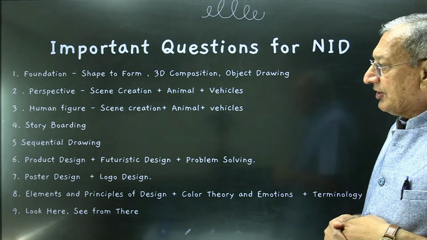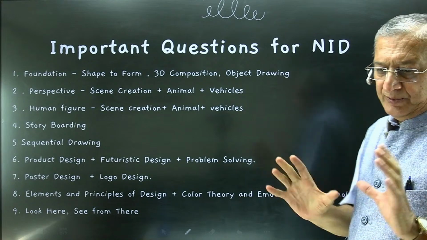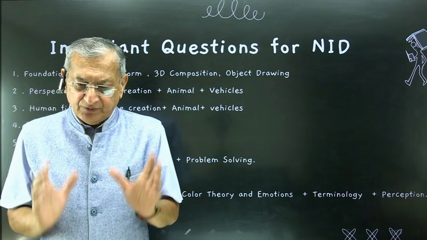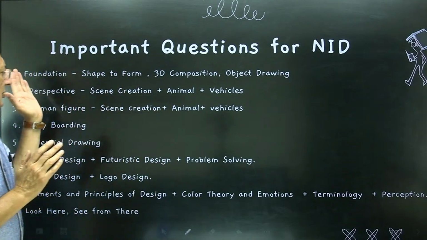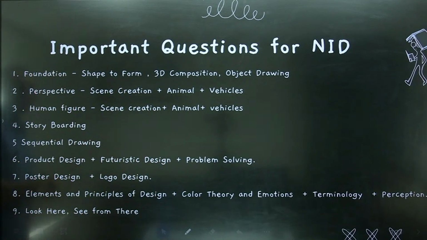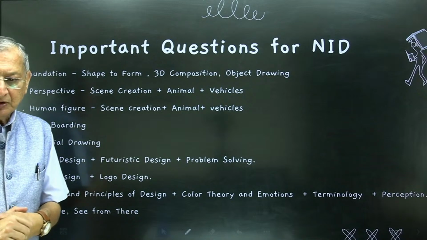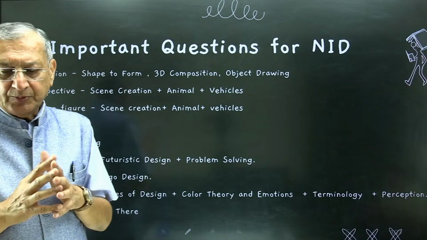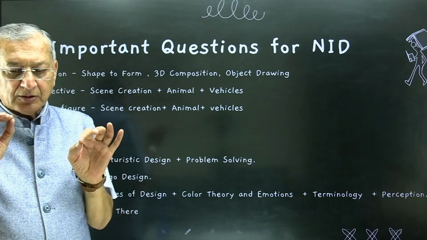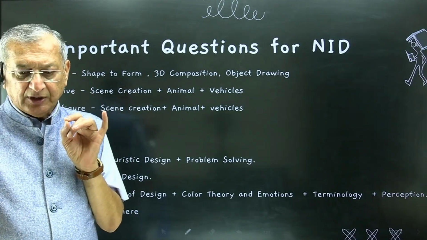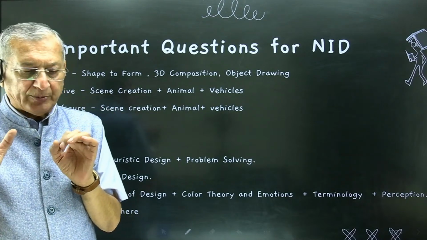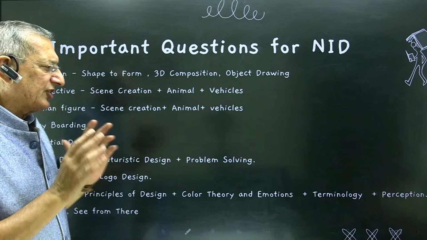So the 4 questions could come from, I have actually confined the total syllabus to these 9 headings. That is foundation, shape to form. That means a question of 3D composition. If you have prepared this, a 3D composition or an object drawing will be asked in different ways.